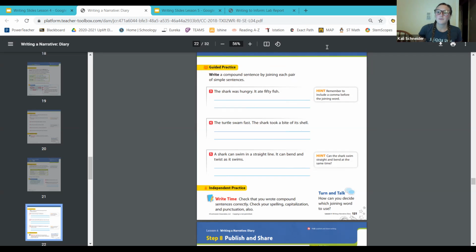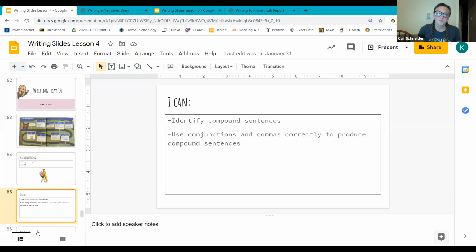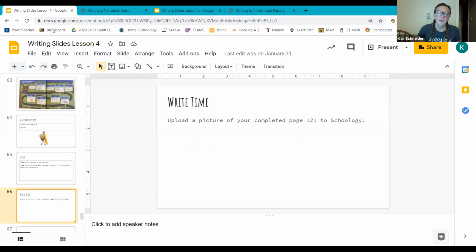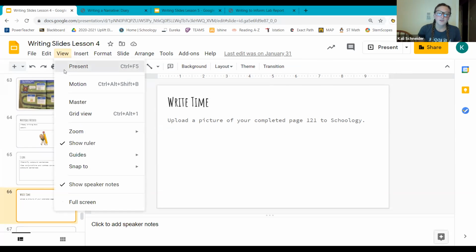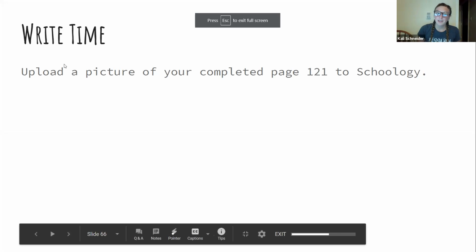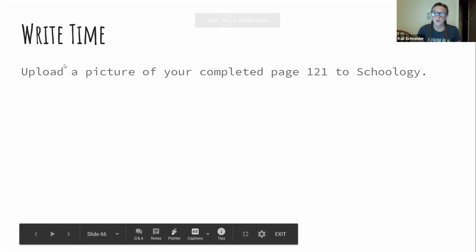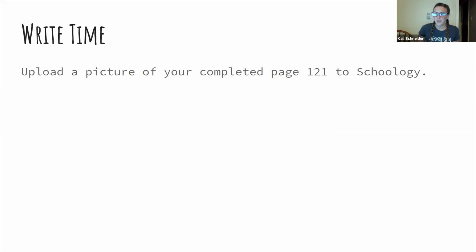Your job is also to make sure you are using compound sentences in more of your writing as we continue. Your assignment for today is to simply upload a picture of your completed page 121 or whatever work you have to show that you've completed our writing today.